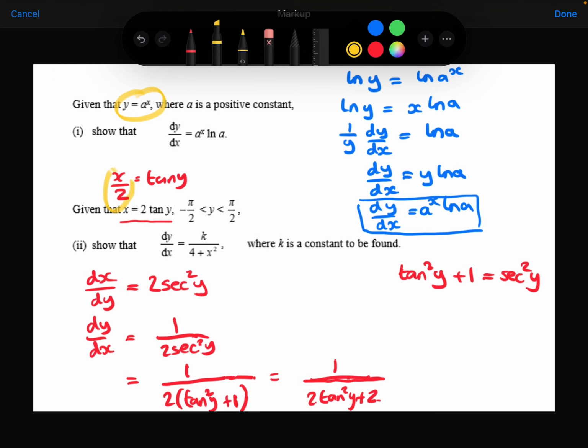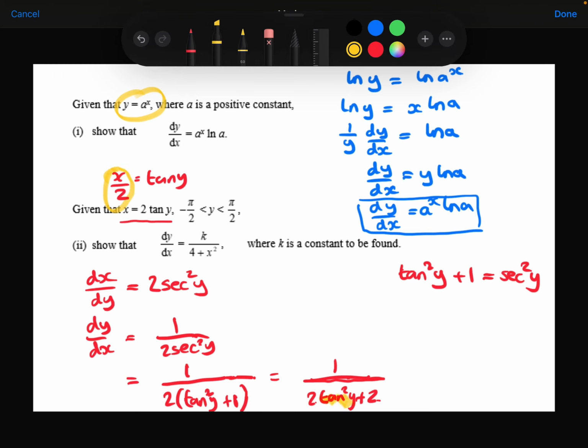So if I substitute this x over 2 here instead of the tan y, expanding these brackets, I'll get x squared over 4. Which, when that gets times by the 2 at the front here, the 2 times the x squared over 4 will be x squared over 2.